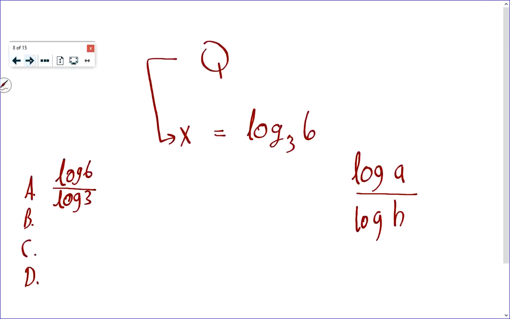If I said to you, what does log base 3 of 6 mean? Well, it's going to be a number someplace between 1 and 2. Because it's the exponent to which you raise 3 to get 6. So that goes back to the log base 3 of 243 I think we had today. You should be able to understand that it's 5. You shouldn't need the change of base formula to evaluate a logarithm.